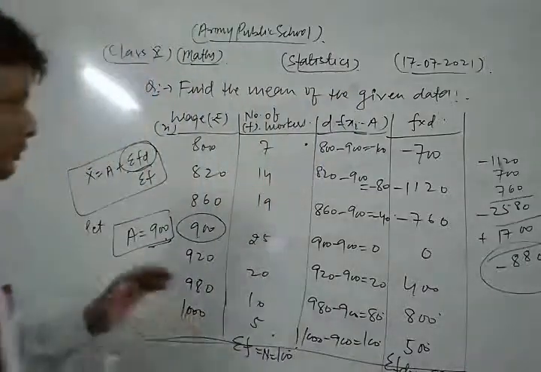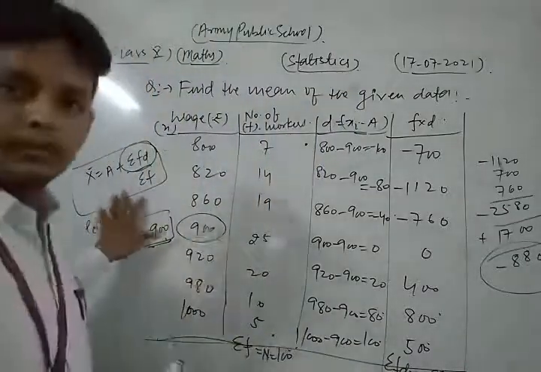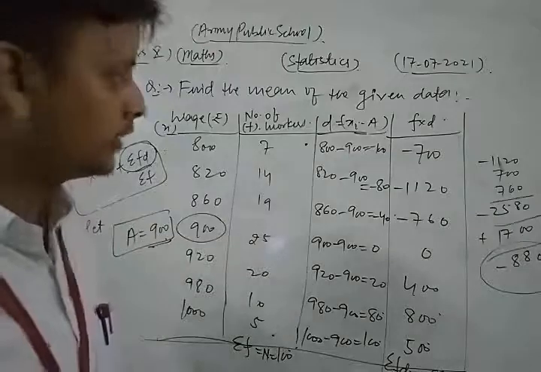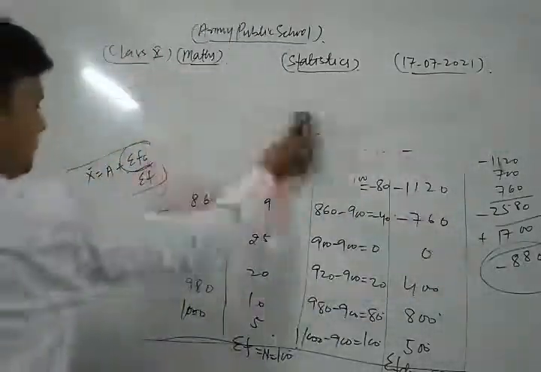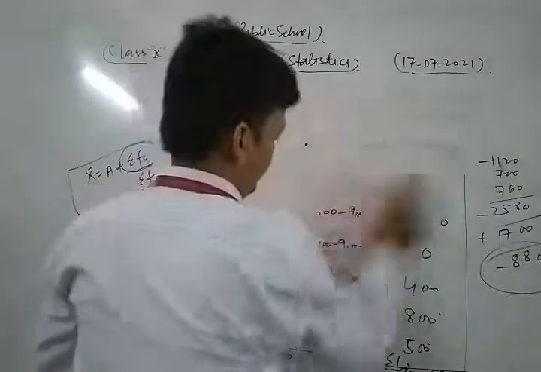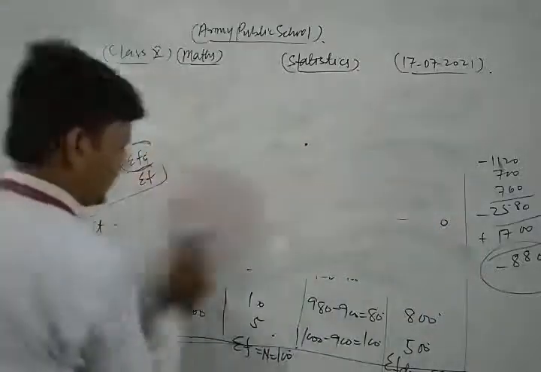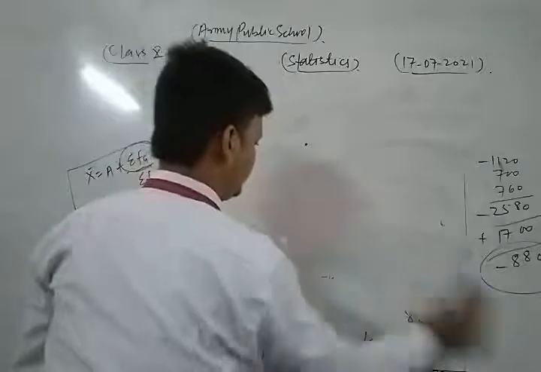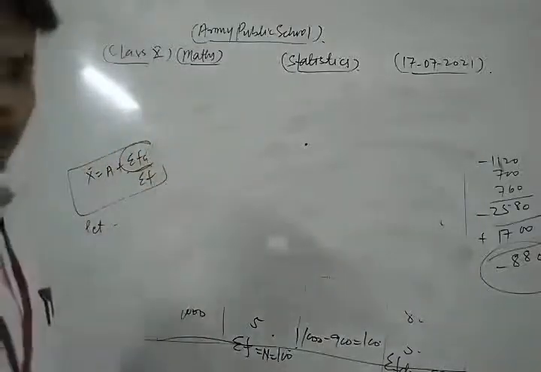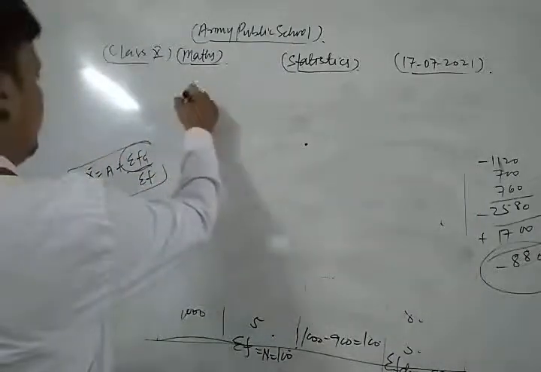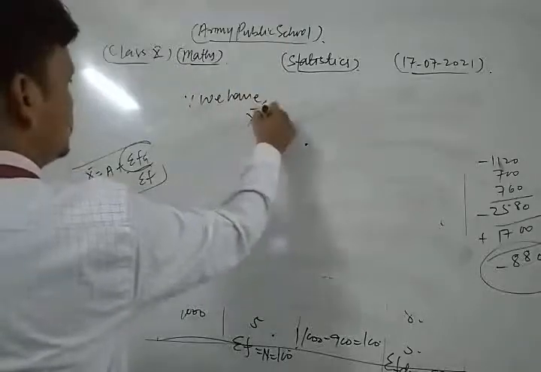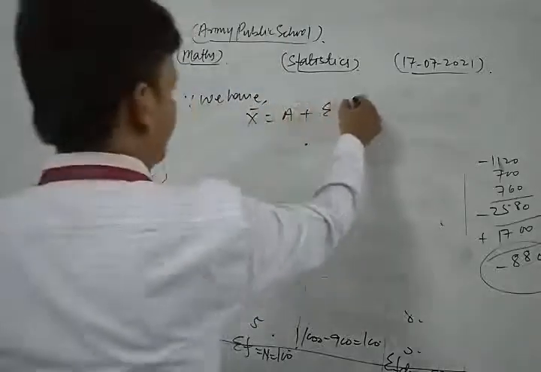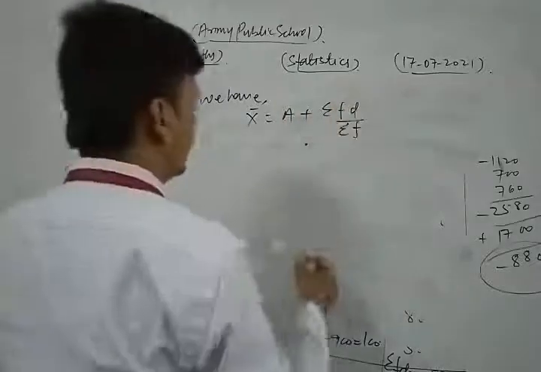Now we put all these values in this formula for finding the mean of the given data. Let's see. Now since we have the formula, x bar is equal to a plus sigma f into d upon sigma f.